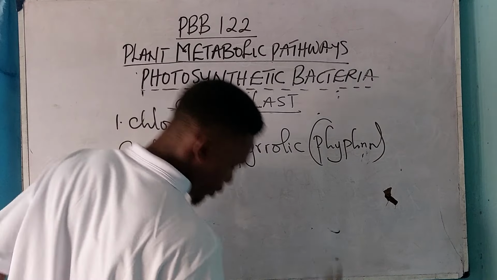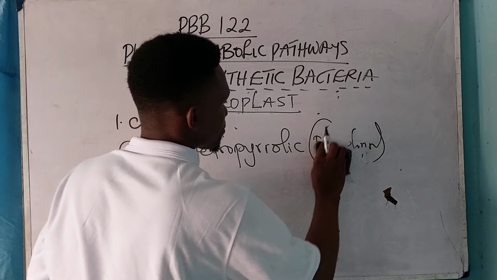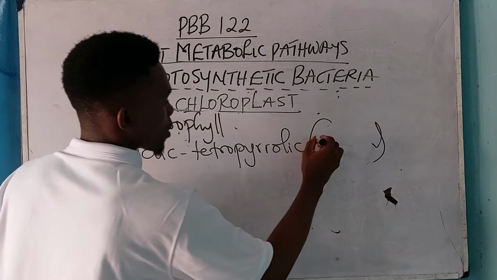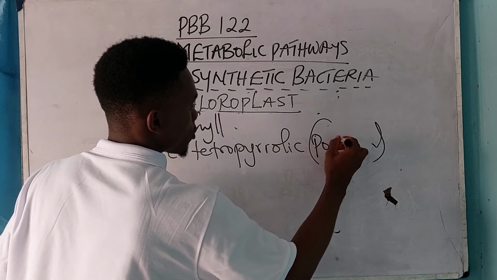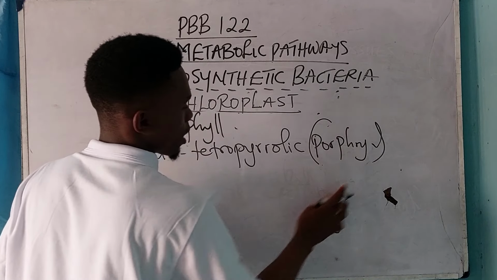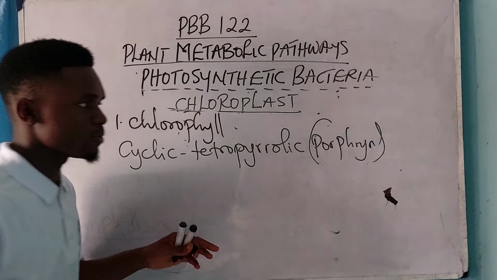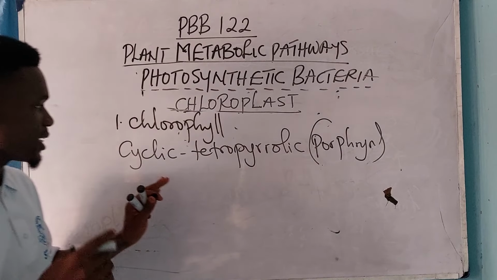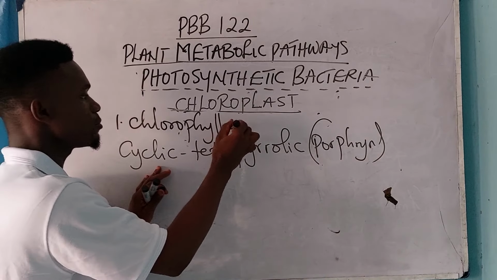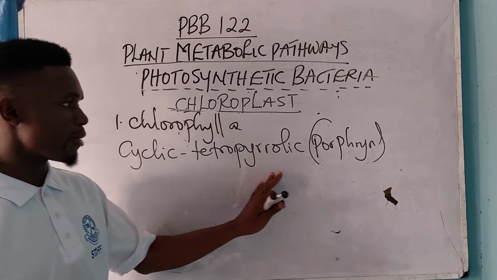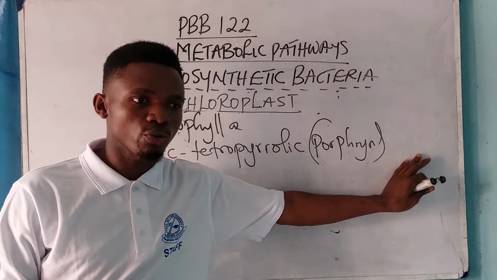Okay. That is P-O-R-P-H-Y-R-I-N. If the spelling is not correct, please pardon me for that. I said chlorophyll A forms a cyclic tetrapyrrolic what? Porphyrin structure. Take note of that.